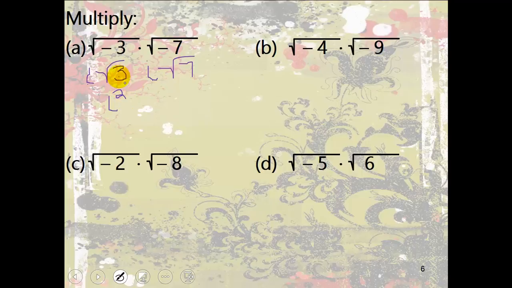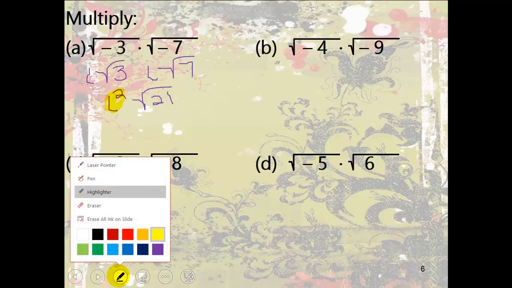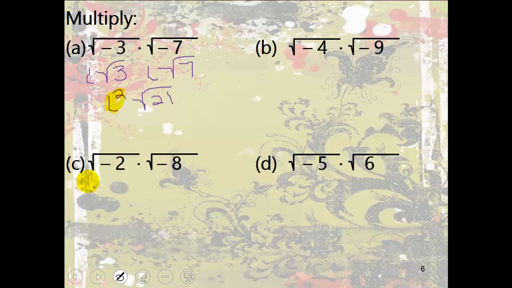Square root of 3 times the square root of 7 is the square root of 21. That cannot be simplified. i squared can be simplified. What does i squared equal? Well, that always simplifies to negative 1 times the square root of 21, which equals negative square root 21.